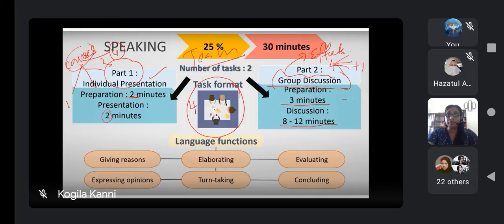That means in total 5 points here. Earlier there were only 4 points. Now there will be an extra point for you to discuss and to come to a conclusion.